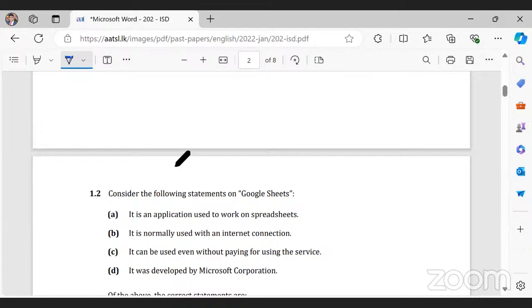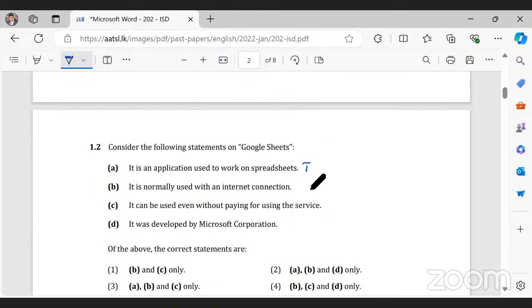It is an application used to work on spreadsheets. That is true. It is normally used with an internet connection. True. It can be used even without paying for the service. Yes, we are not paying for it. It was developed by Microsoft Corporation. That is wrong.